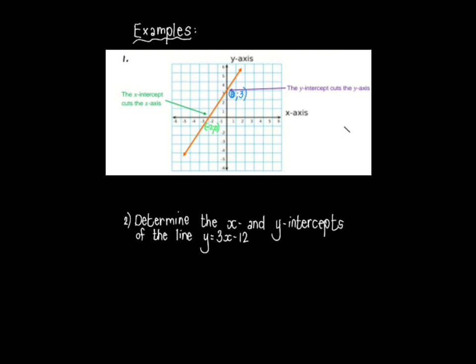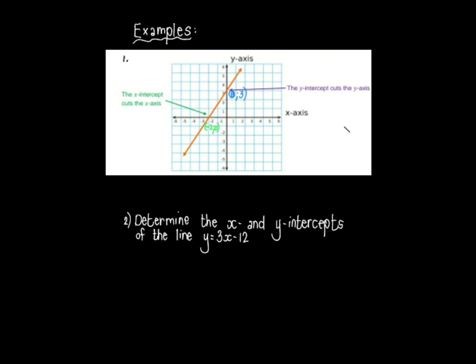Remember, the y-intercept and the x-intercept each have a coordinate. For the x-intercept, the x value is -2 and the y value is 0. For the y-intercept, our x value is 0 and our y value is 3.